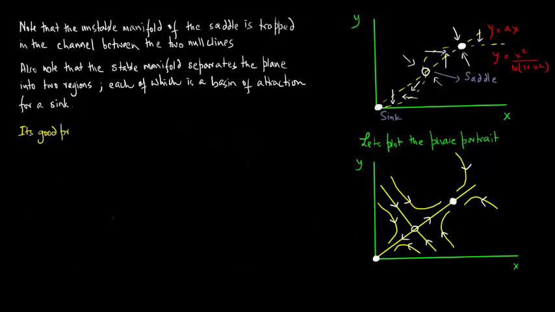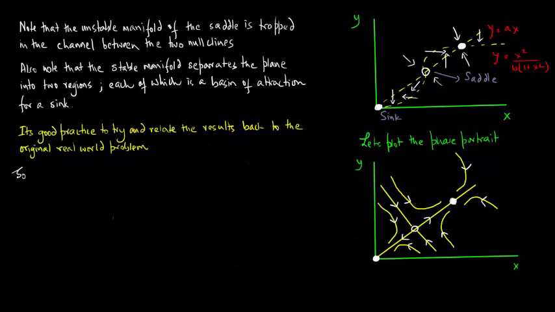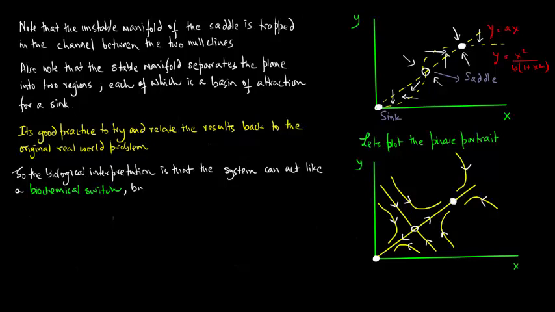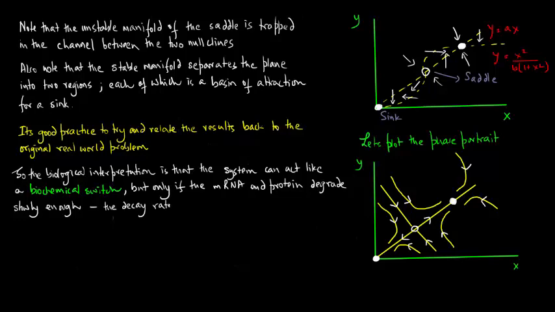Now it's always a good practice to try and relate the results back to the original real world problem. So the biological interpretation is that the system can act like a biochemical switch, but only if the mRNA and the protein degrade slowly enough, i.e. the decay rates should satisfy ab less than a half.